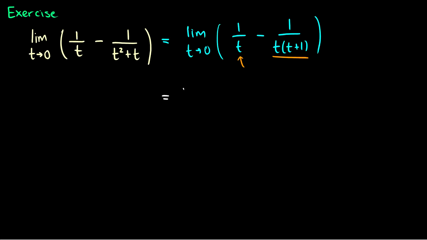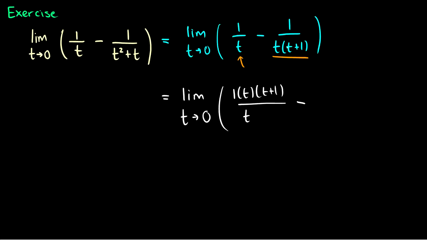But just to show the steps here, so the limit as t goes to 0, we need a common denominator. So we can multiply by t times t plus 1. In fact, we can just multiply everything by the common denominator. So we can say this is 1 times t plus 1, and this will be all over t times, I guess that'll be times t.